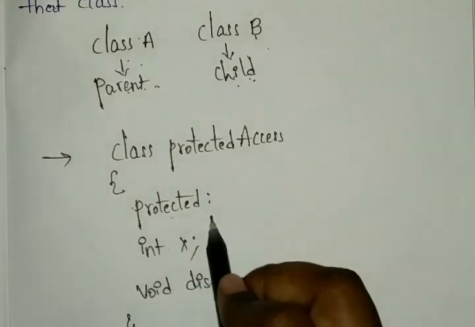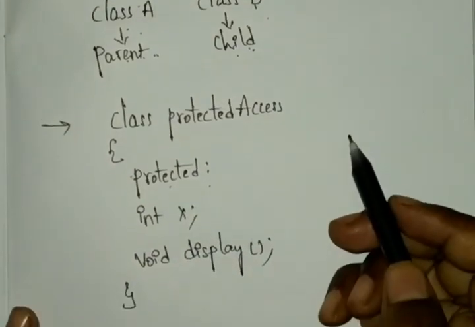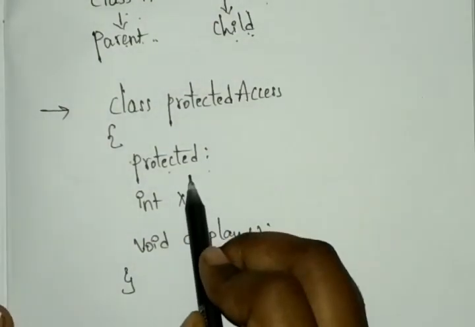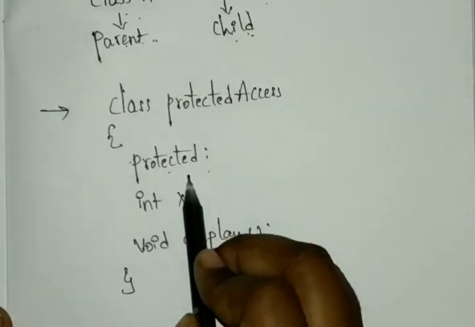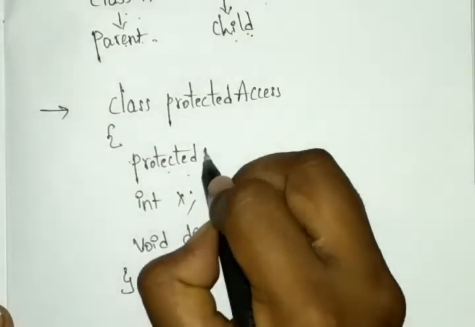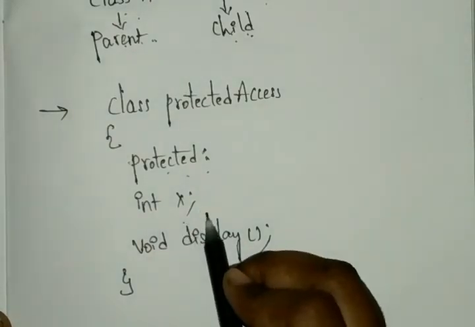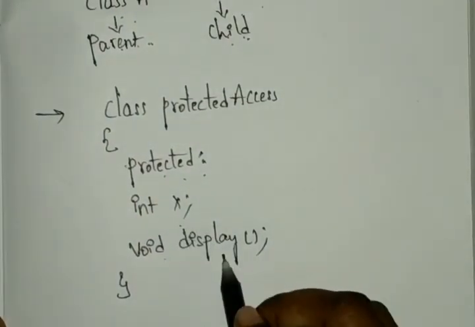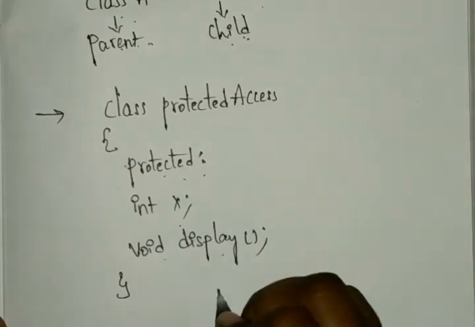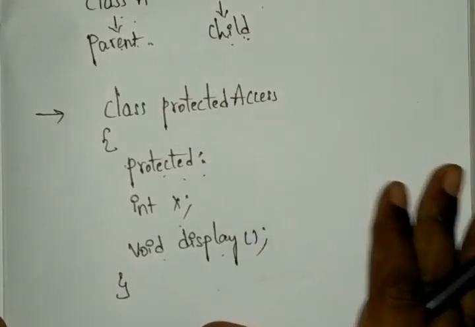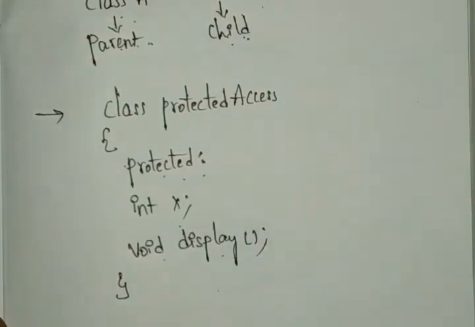Protected is the access specifier and ends with a colon. Int x is our data member declaration and void display is the member function declaration. This is how our access controls work.